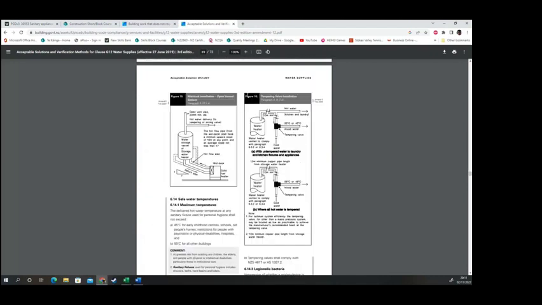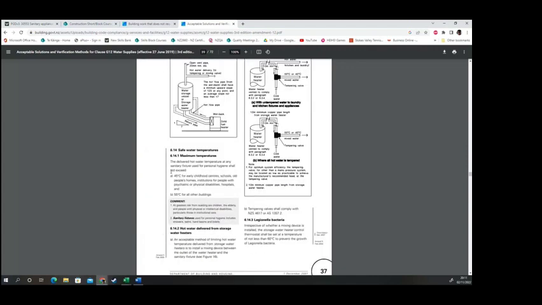Basically this figure 16 is going to tell you all about it, but also down here, safe water max temperatures. So these are the temperatures there. And I think there's a couple of different questions in it. One of them talks about a rest home, which would be this lower temperature. There might be another one that talks about the kitchen or something.